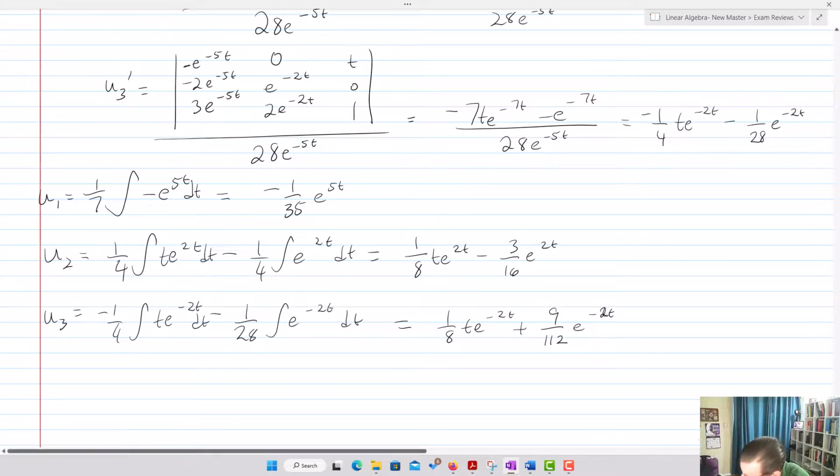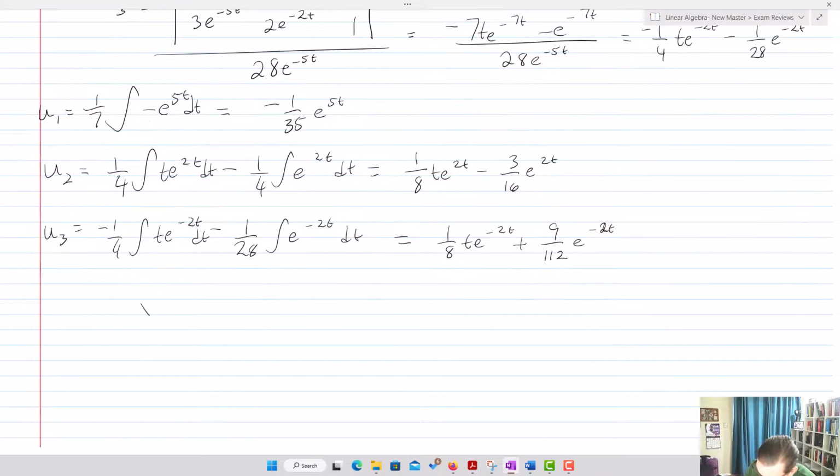So now, in order to find my xp, my particular solution that I'm going to have to add to my xc, it's going to end up equaling x of t times u in this case. Okay?